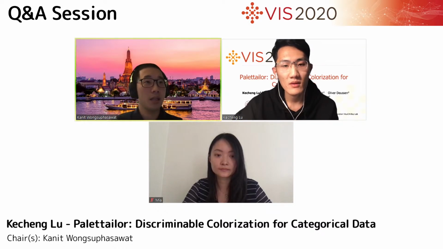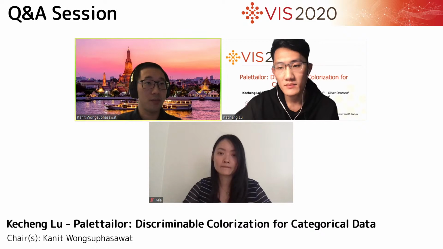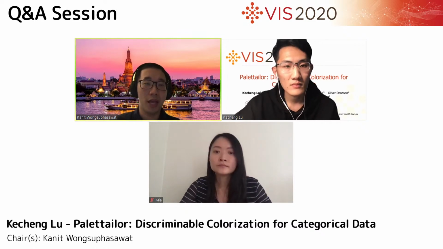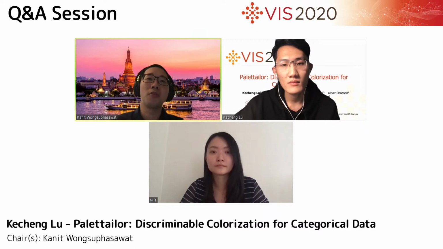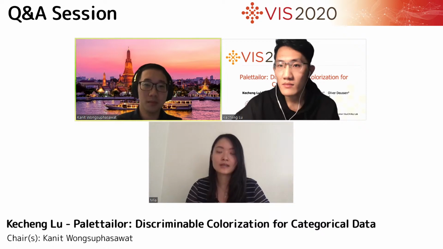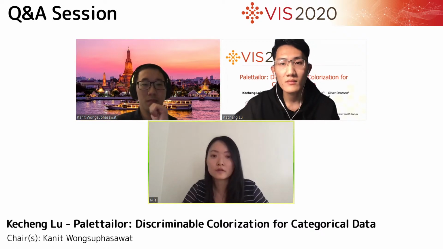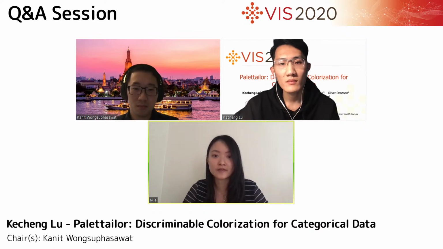Then another question from Dominic. It's related to evaluation. The question is, does preference matter? Wouldn't performance on some tasks be more related? Yeah, so our goal for evaluation is mainly to test the effectiveness of Palettailor on users in terms of both discrimination performance and user preference.